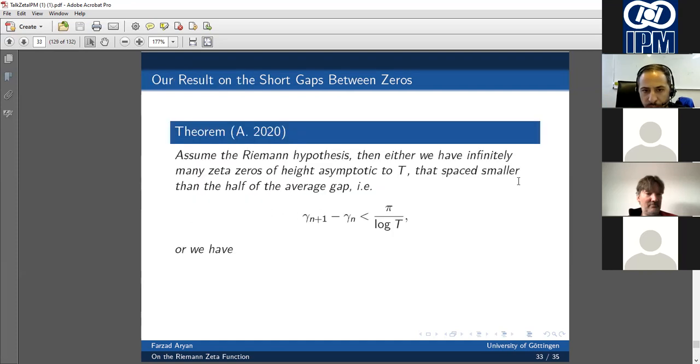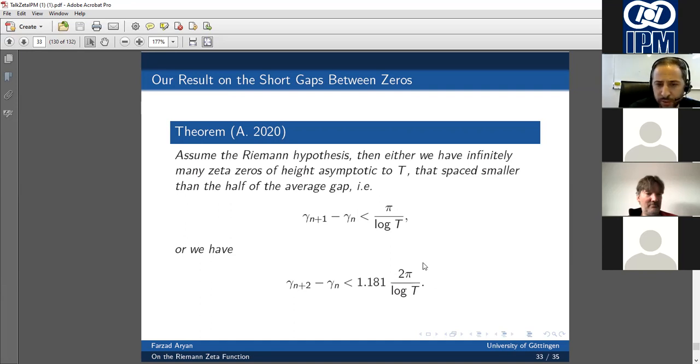Another result I have in this direction is that, assuming the Riemann hypothesis, the gaps between consecutive zeros either get smaller than 0.5, which is the desired result for disproving Landau-Siegel zeros, or two consecutive gaps get smaller than 1.18 times the average gap.